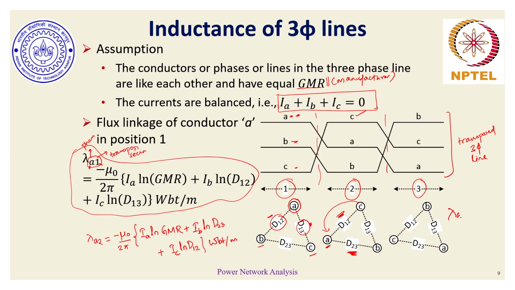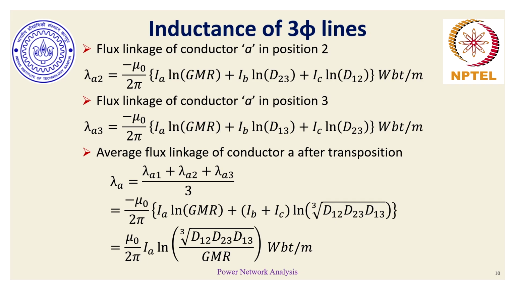Similarly, lambda A3 can be evaluated on similar lines. If you evaluate that, these are the expressions that we would get at the different transposed sections. Since the same conductor is taking up different values of inductances or flux linkages at different sections, one common way is to take the arithmetic mean of these flux linkages.